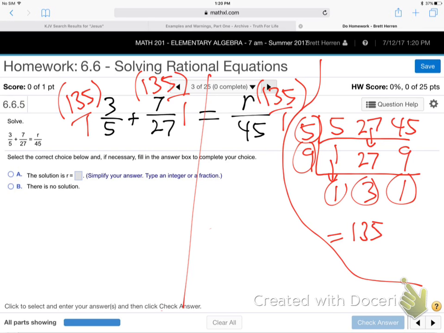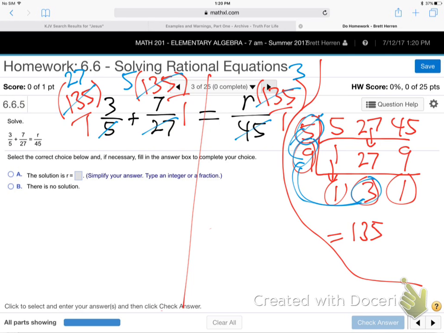So just use the calculator. 5 into 135 is 27. You can tell if you look over here, because 5, 9, and 3 is what makes the 135. So if you divide by the 5, you're going to be left with 3 times 9, 27. You don't have to, you just use the calculator. 27 goes in there 5 times, and 45 goes in there 3 times.